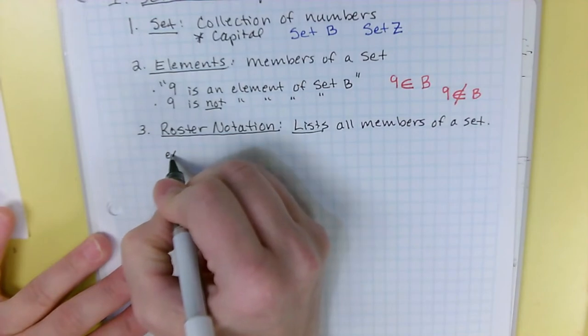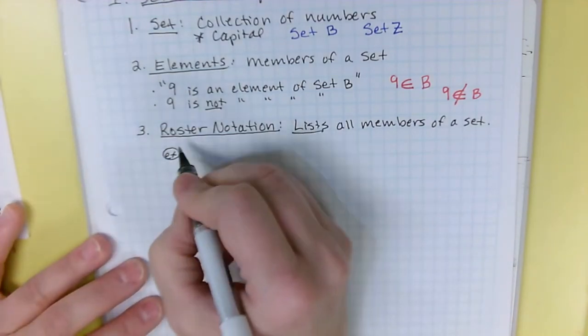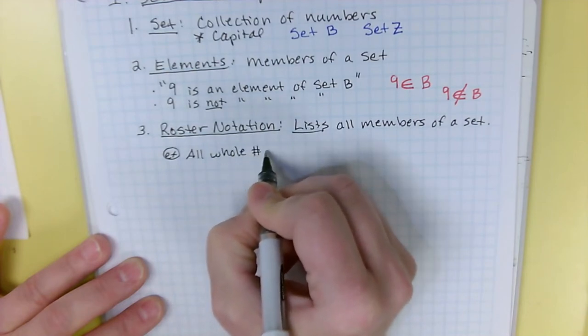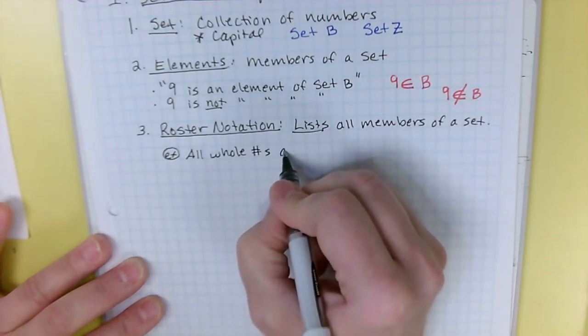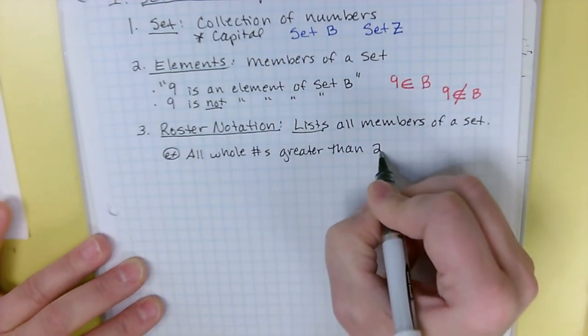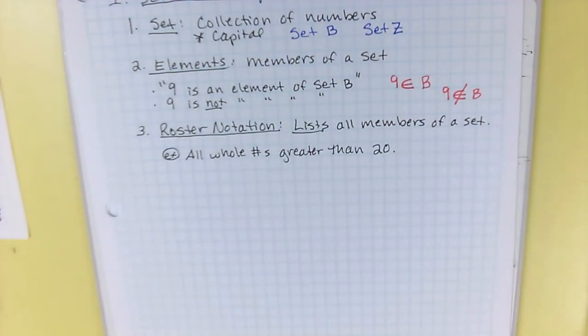So for example, let's say that you want to make the set all whole numbers greater than 20. So that's a description of a set.